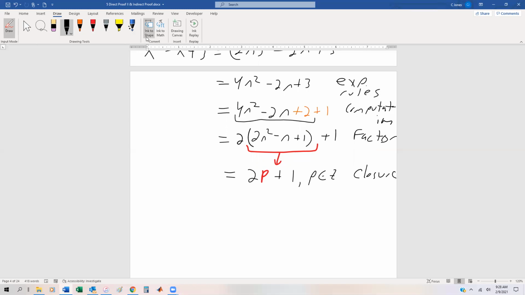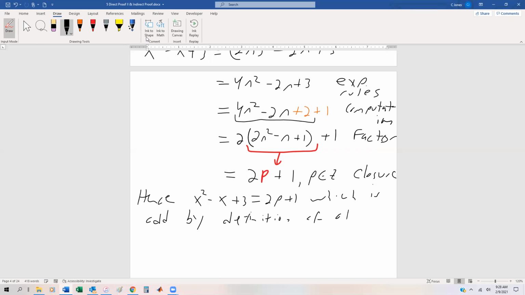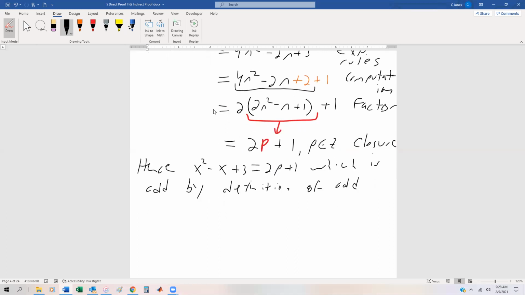And so hence, we can say that x squared minus x plus 3 is equal to 2p plus 1, which is odd by definition of odd. All right, so we're going to hold it here because we've actually verified case 1. We're not going to close it out, but at least we've suggested that it is odd.